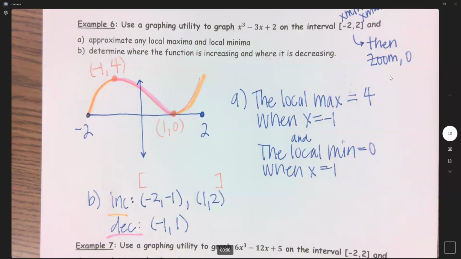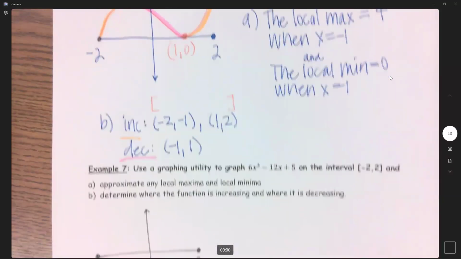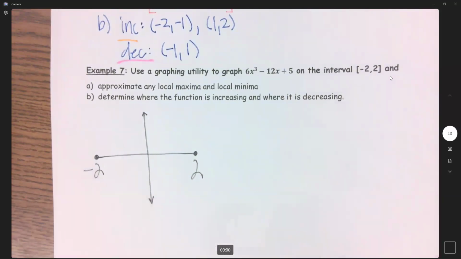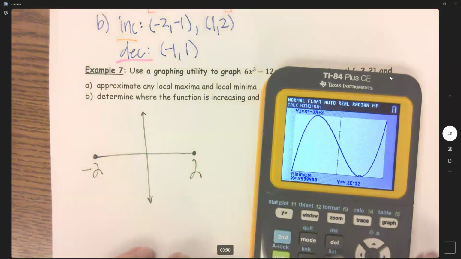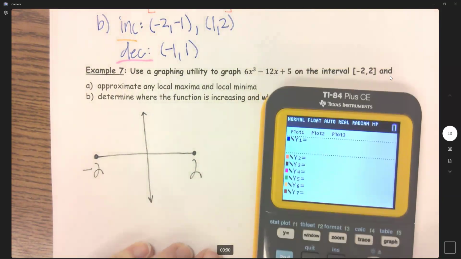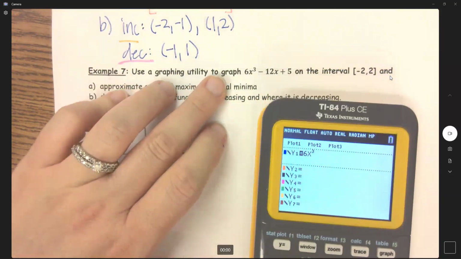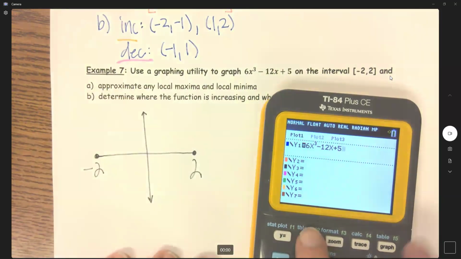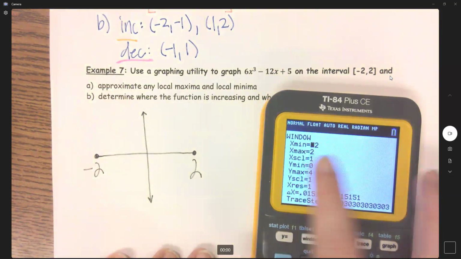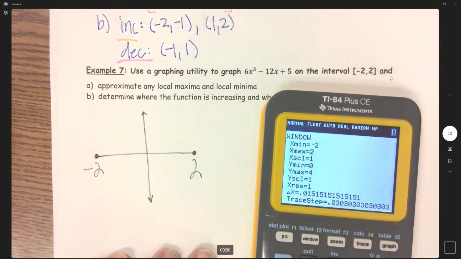All right, just a little bit of a checkpoint if you're needing any help with that graph. Let's go ahead and put this into our graph right here. We've got 6x cubed minus 12x plus 5. I'm going to go to window. I'm still on that interval of -2 to 2 for my x min and max.